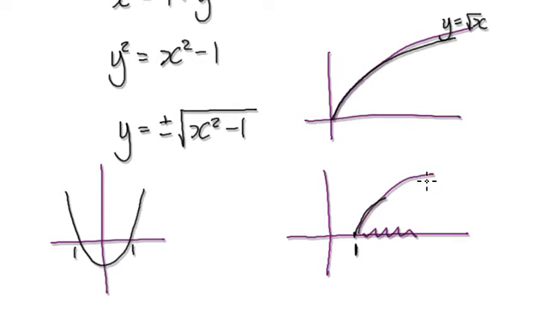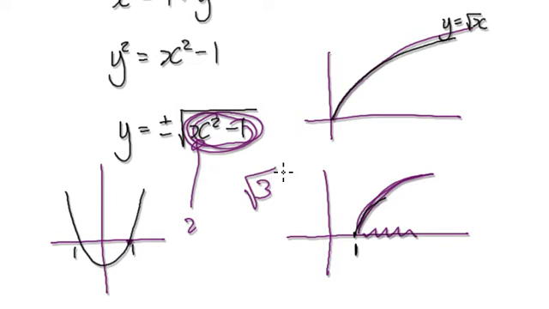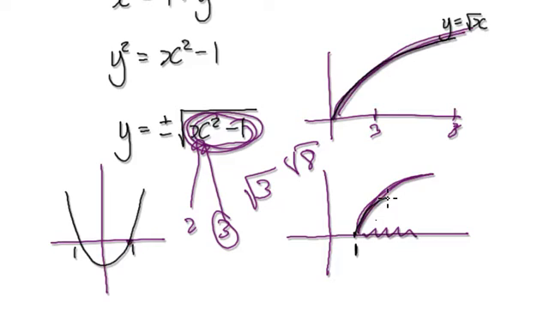It will still take that form, because beyond 1, if you put 2 into here, this bubble will be 3, square root of 3. If you put 3 into here, it would be square root of 8, but it's still going to take this form. So 3 is here, 8 is here, it will still take this form.